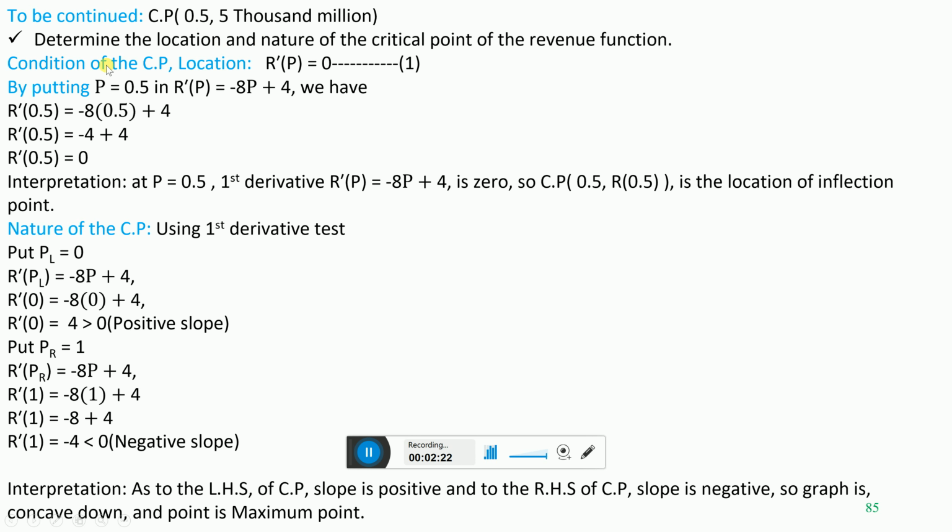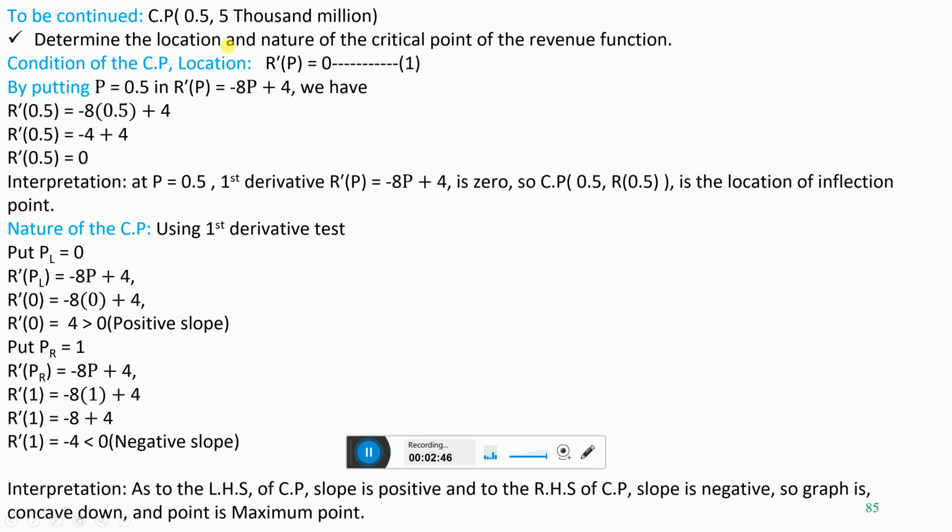Before this, we studied optimization methodologies and discussed the condition for the location of a critical point. What is the condition? The point along the graph of the revenue function at which the first derivative for the set of P values is equal to 0 is the location of the critical point.